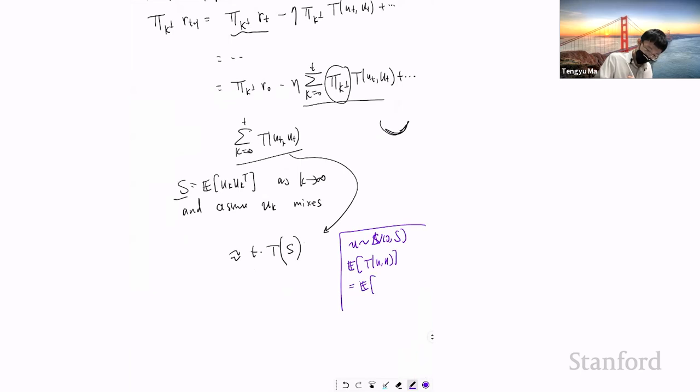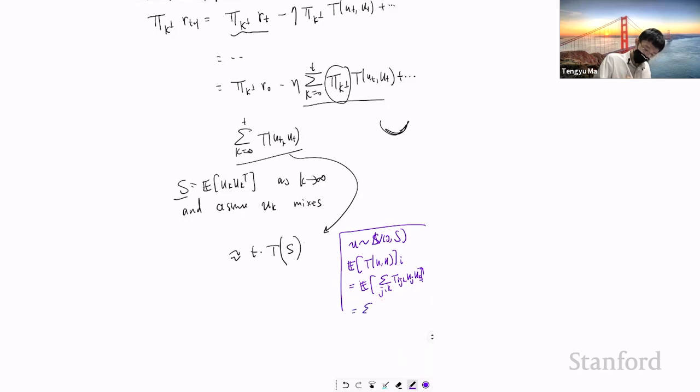Let's look at the ith coordinate. Then this is the sum over j, k of T_ijk u_j u_k.